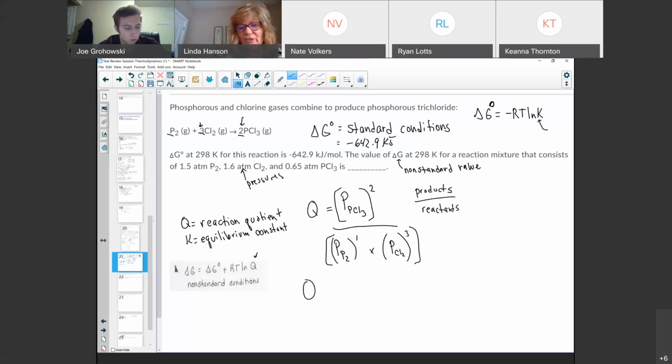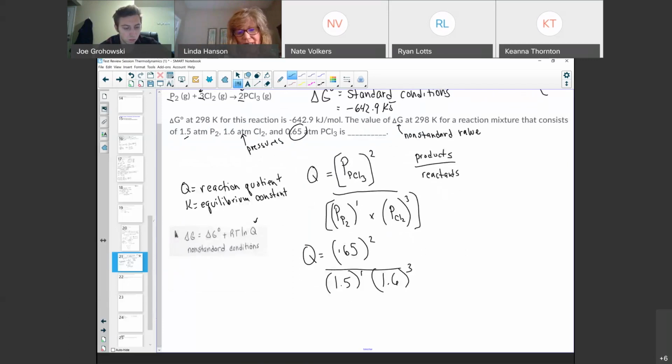Q is an expression just like the equilibrium constant at dynamic equilibrium: products over reactants, with the coefficients becoming the powers. I'm going to plug in those numbers and solve for Q. The partial pressure of our product was 0.65, squared, over the partial pressure of P2, which is 1.5, and the partial pressure of chlorine was 1.6, which has to be cubed.